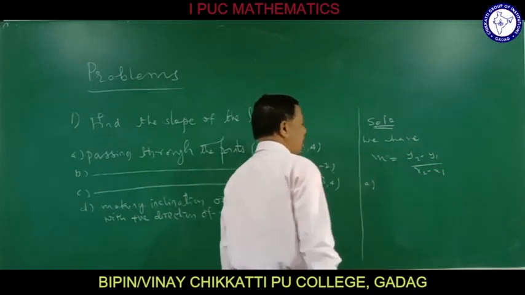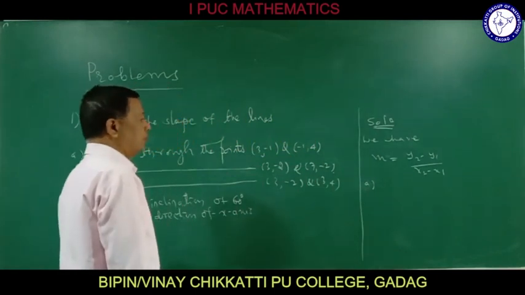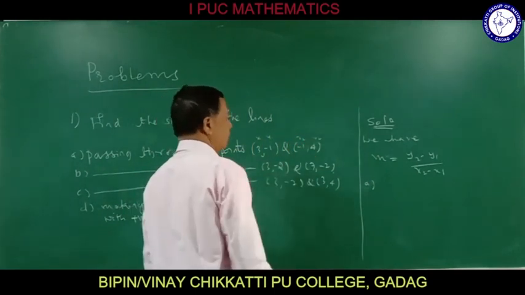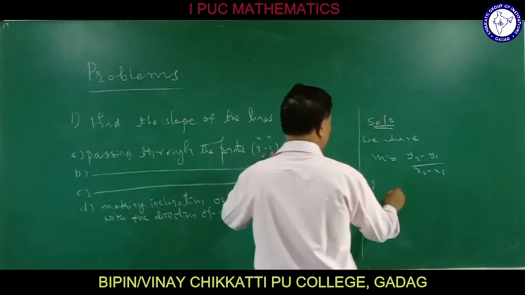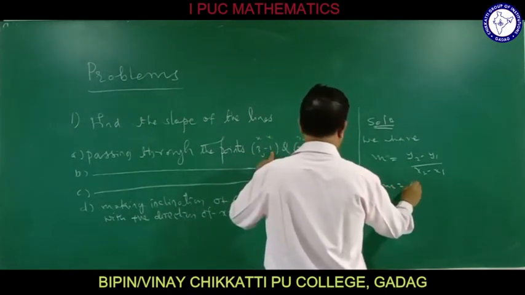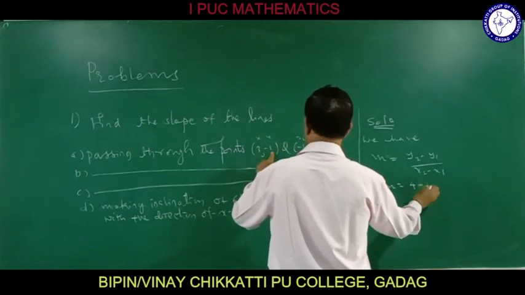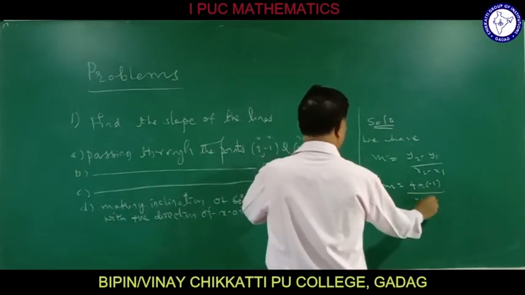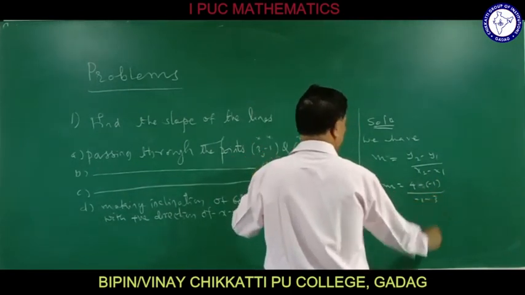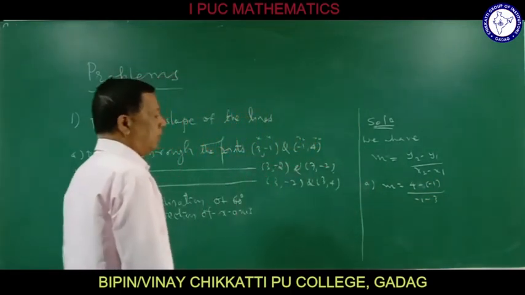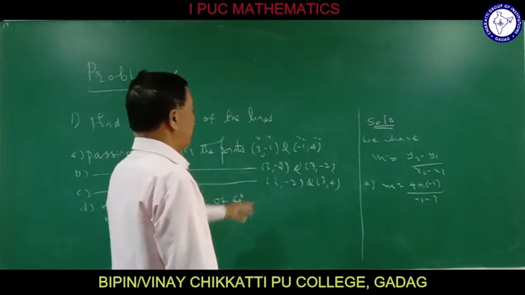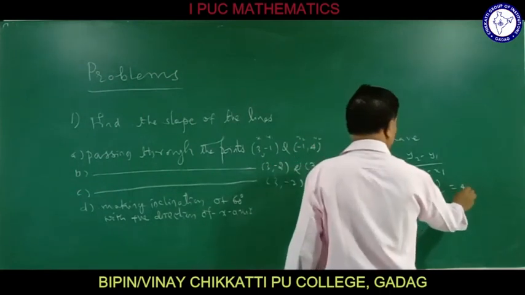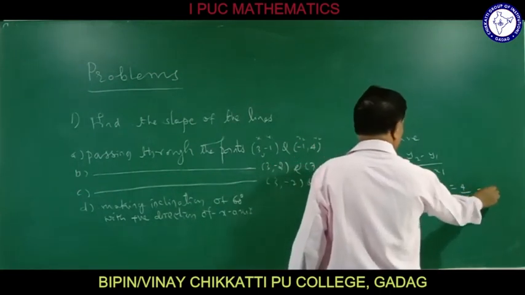So using this formula I can directly find the result. Take this as x1, y1 and this as x2, y2. m is equal to y2 minus y1, that is 4 minus of minus 1, divided by x2 minus x1, minus 1 minus of 3.